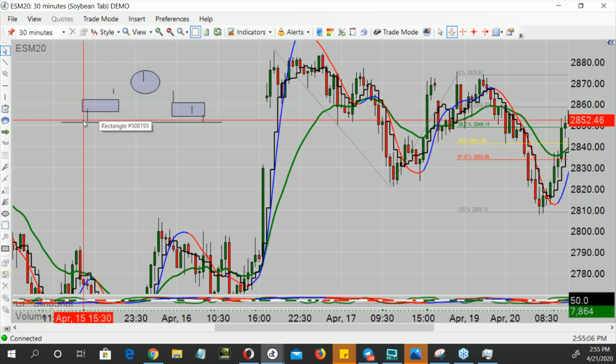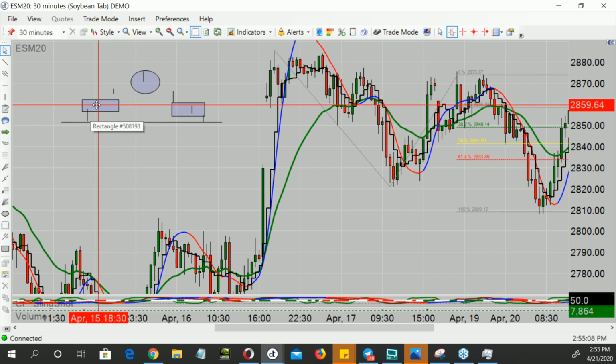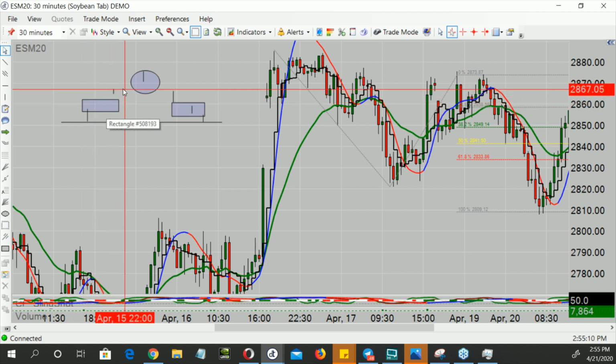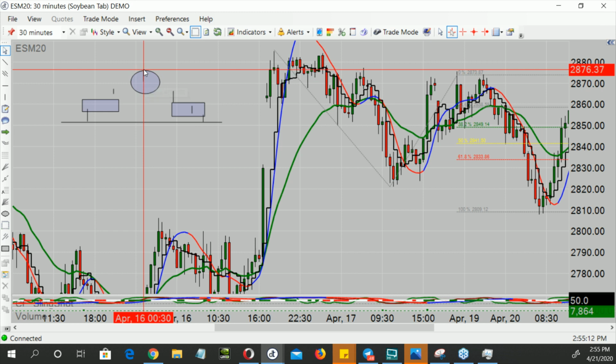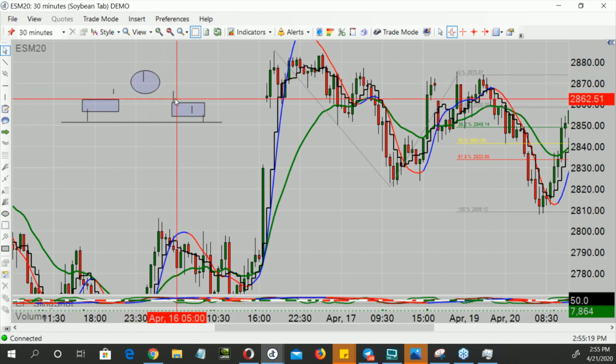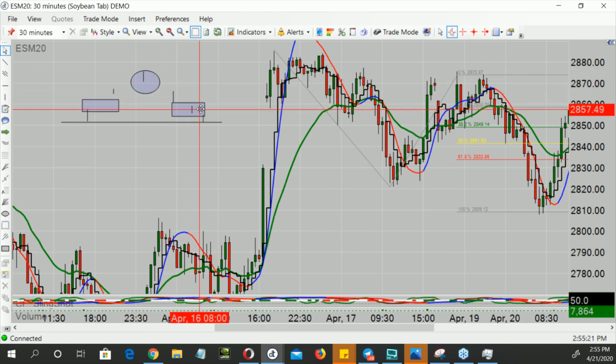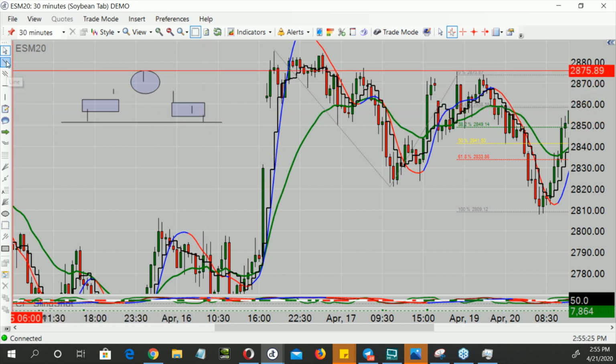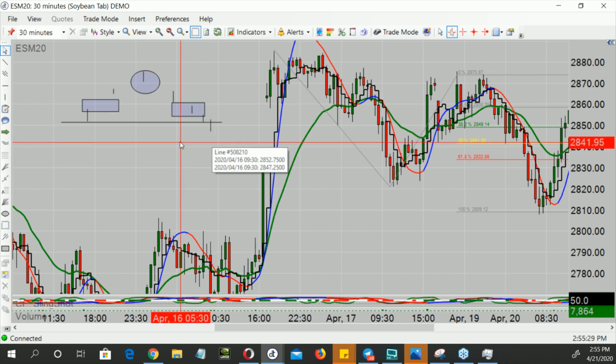Price is climbing up. It consolidates, creating a shoulder. Then it keeps climbing until it peaks. That's the head. Then price comes back down, consolidates, builds a right shoulder. And then as price continues down and breaks this neckline like that, it's on like Donkey Kong.